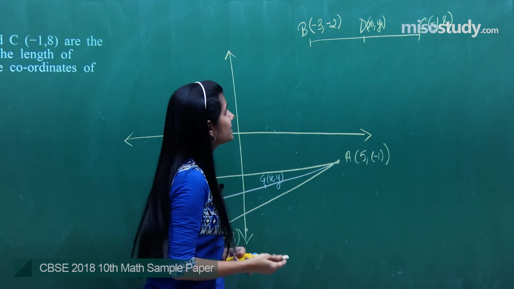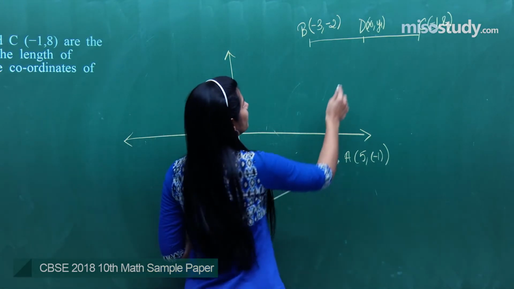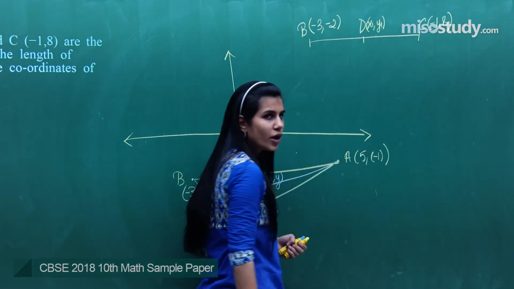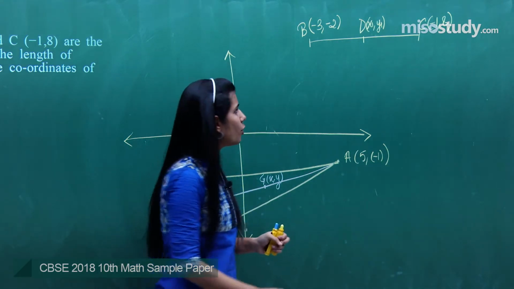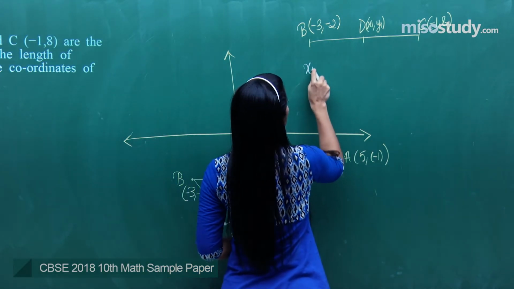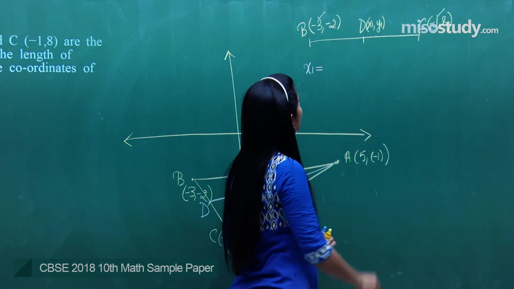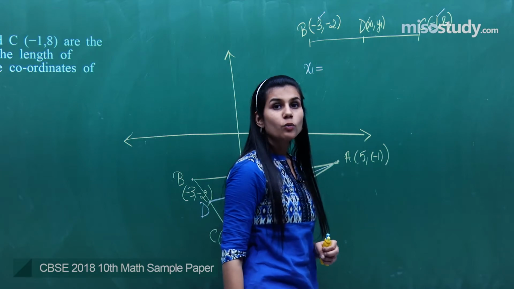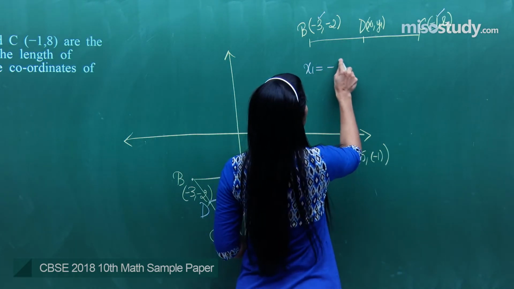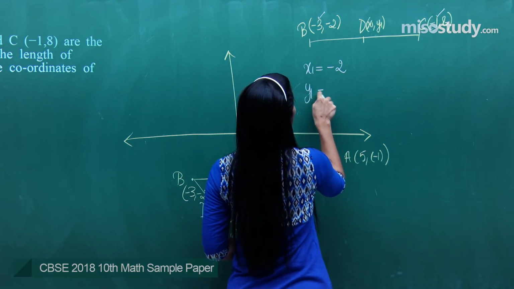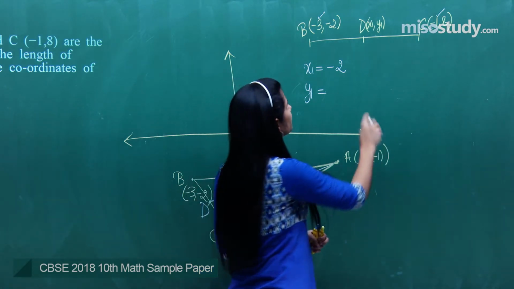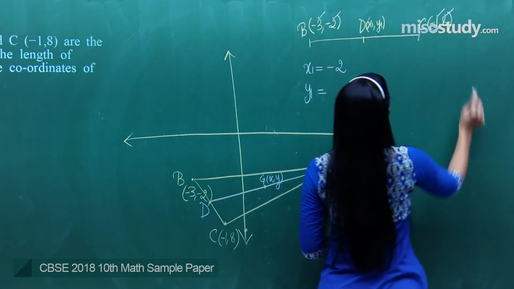Now I know by the section formula, I can find out the coordinates of the midpoint of the line segment joining 2 points. The x coordinate will be the sum of the x coordinates divided by 2. So -3 plus -1, which is -4 by 2, which is -2. And the y coordinate will be the sum of the y coordinates divided by 2.